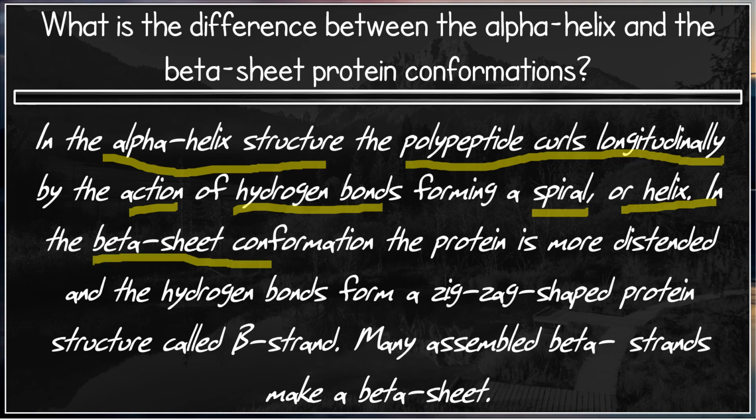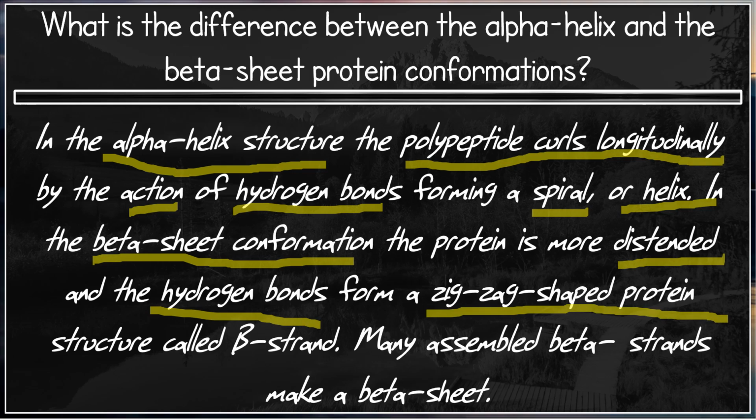In the beta sheet conformation, the protein is more distended and the hydrogen bonds form a zigzag-shaped protein structure called a beta strand. Many assembled beta strands make a beta sheet.